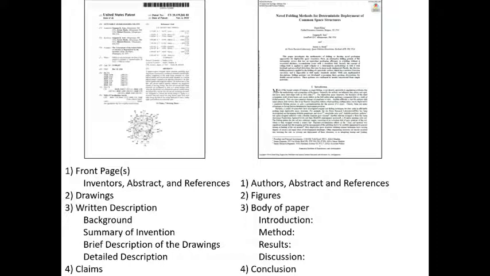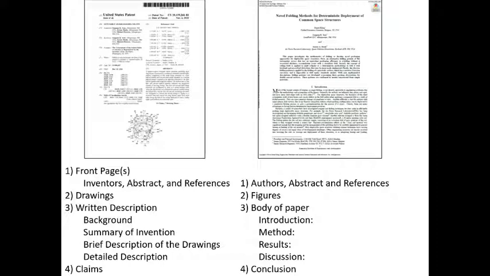It will have a bunch of figures in it. There will be a body to the manuscript of the journal article. That usually follows the IMRAD approach, an introduction, a method, results, and discussion. And then usually there is some conclusion to the journal article that claims the new knowledge which is being reported in this article.